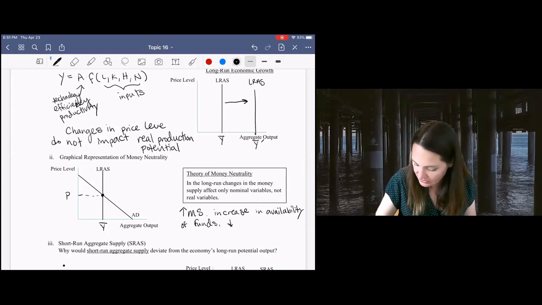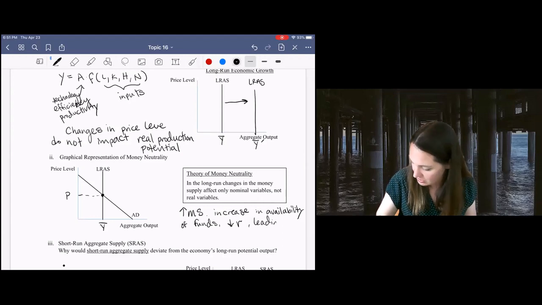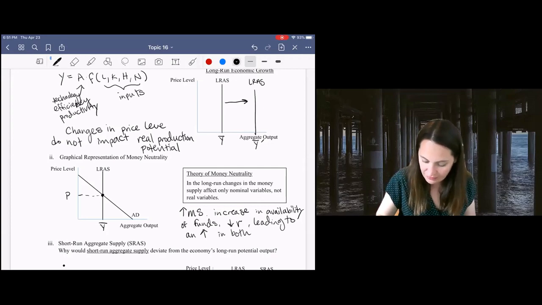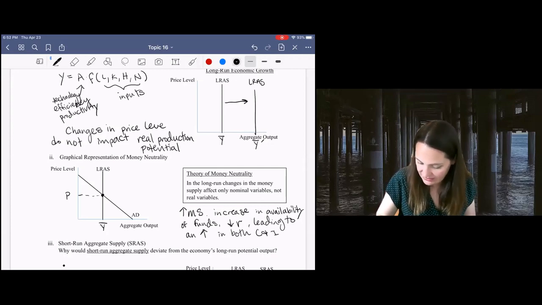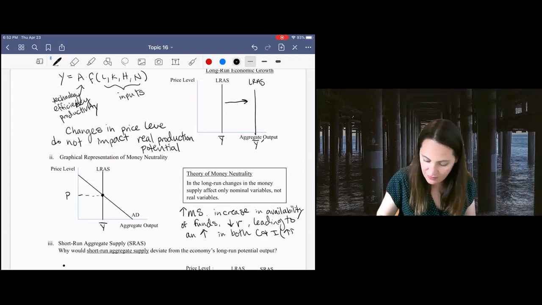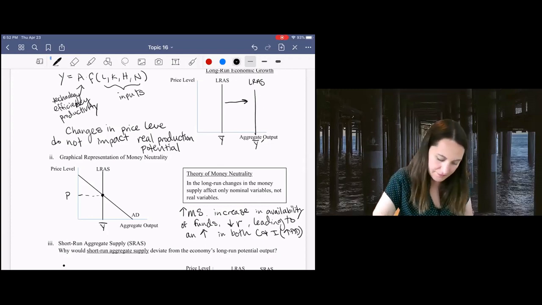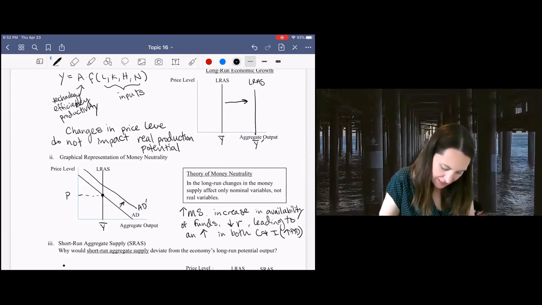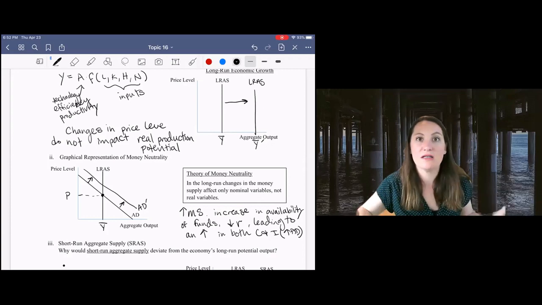That's going to decrease the interest rate, leading to an increase in both consumption and investment, shifting aggregate demand outward. All right, so aggregate demand shifts out. We have this increase in the money supply.